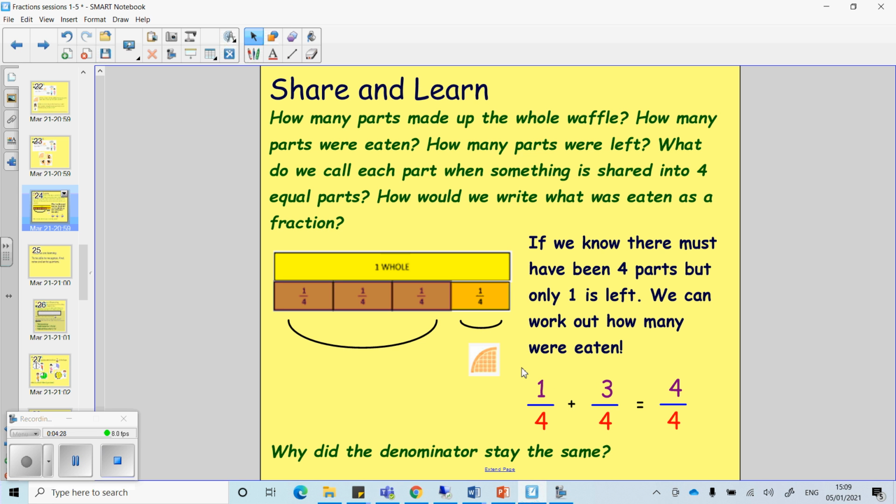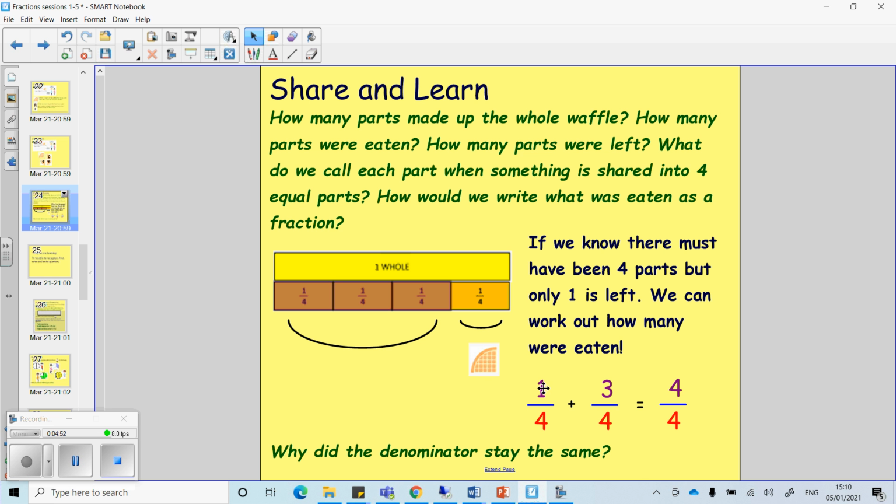Well, these denominators at the bottom show us how many equal parts make up the whole pie. There is always, in this question, a whole pie made up of 4 equal parts.